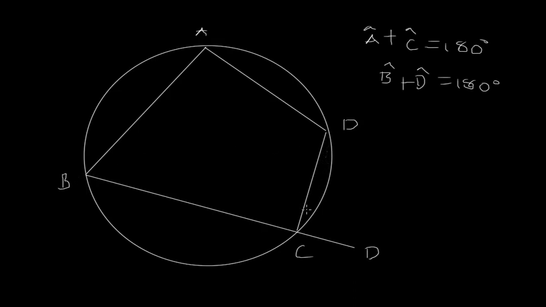We can find this other angle, which is angle DCE. How do you find this angle? Well, you know that a straight line adds up to 180 degrees, right?